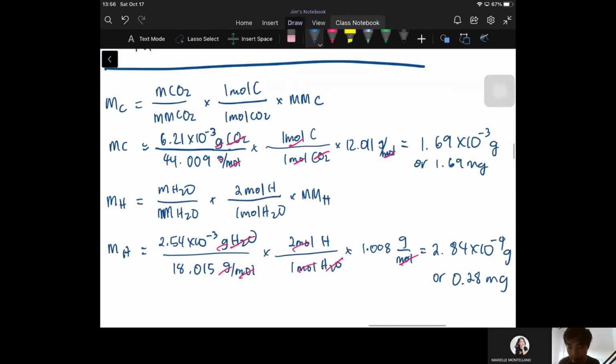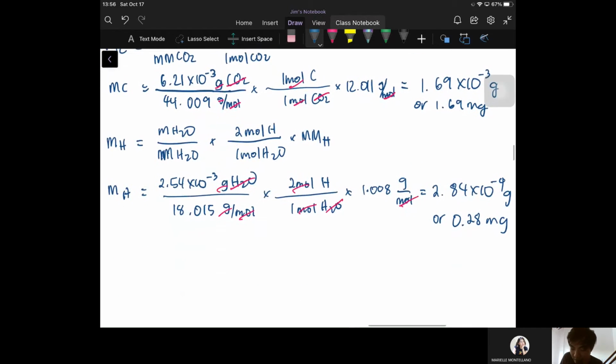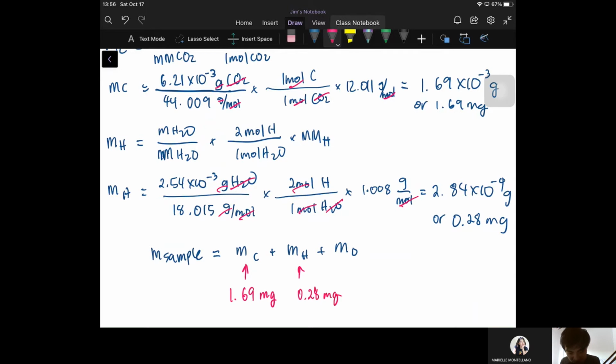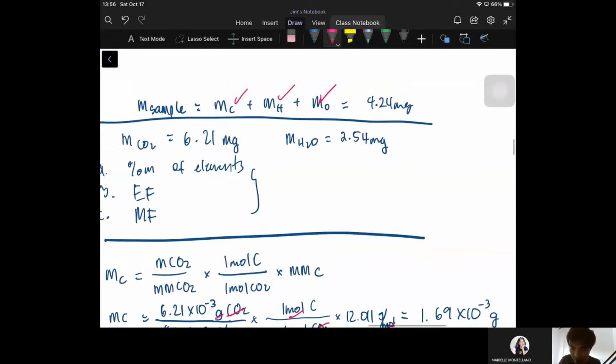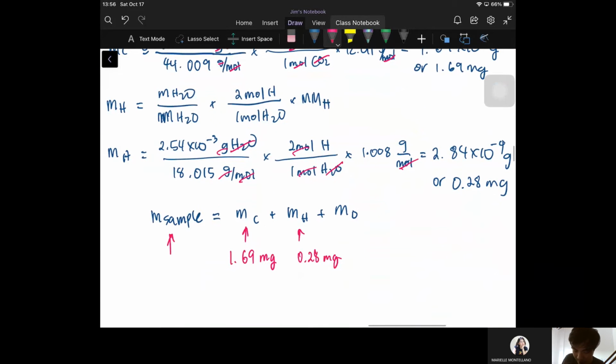Okay, so ano meron na tayo? Di ba sabi natin kanina, mass ng sample is equal to mass ng carbon, mass ng hydrogen, plus mass ng oxygen. Okay, so ganun lang. Ano yung mass ng carbon? 1.69 milligrams. Mass ng hydrogen is 0.28 milligram. Ang mass ng sample natin, according sa problem, ay 4.24 milligrams.